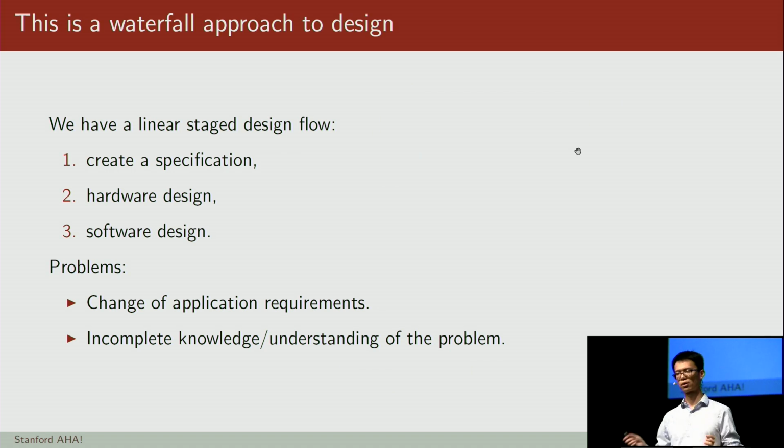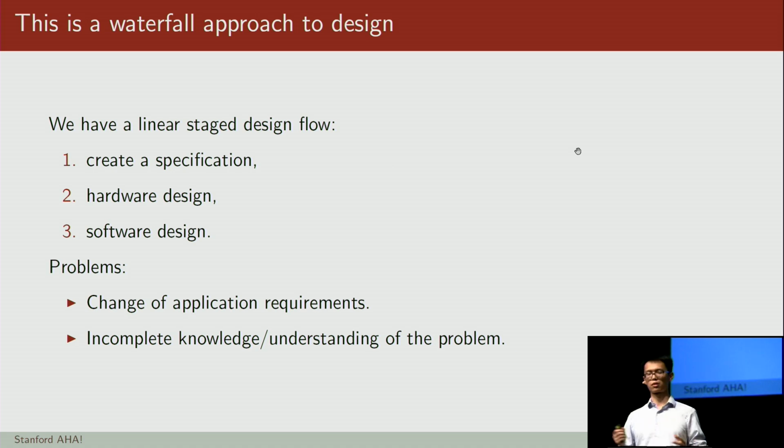This kind of design flow, as we discovered in software engineering, is called waterfall because we have a linear stage design flow where each stage depends on the previous stage. For example, in the hardware design, we depend on a fixed written documentation, and in software design, we depend on a fixed hardware interface. This design methodology, as we see from software engineering, has one fatal problem, which is the failure to deliver product in time.